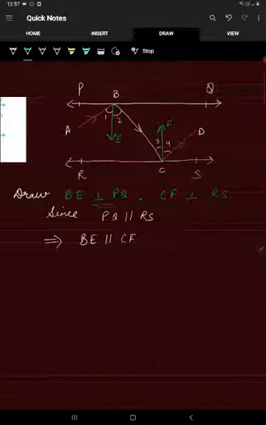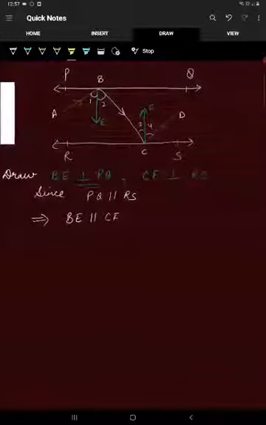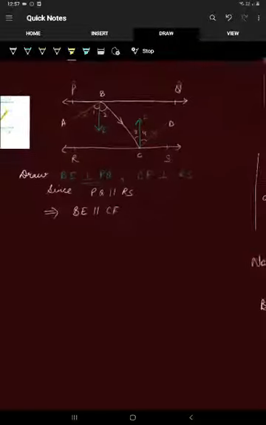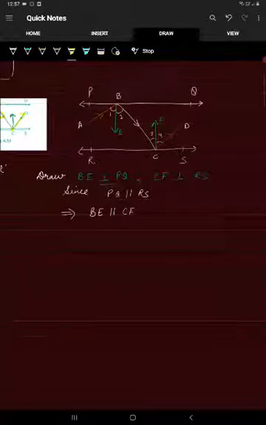Similarly, when BC strikes this mirror RS, then BC will be the incident ray and CD is the reflected ray, and CF will be the normal. As we know, the angle of incidence is equal to the angle of reflection, so we will use this concept in solving this question.